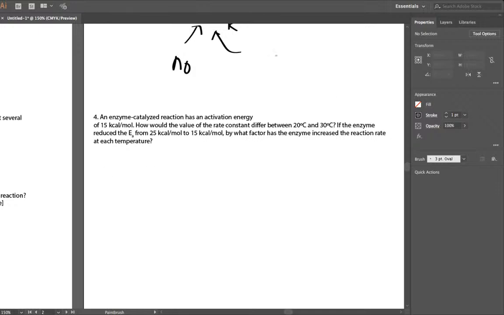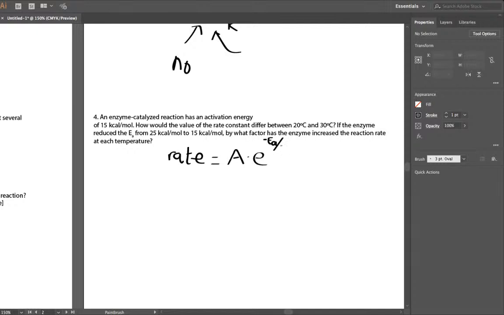Okay, so rate is basically equal to a constant, multiplied by e to the power of negative the activation energy, divided by the KB.